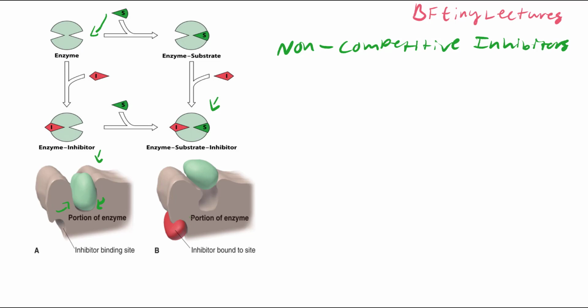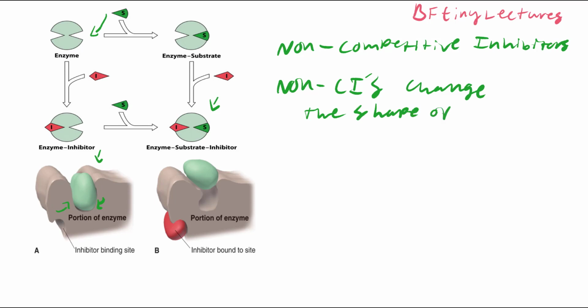The inhibitor is preventing the reaction from occurring. So you should know that non-competitive inhibitors change the shape of the active site once they're bound.